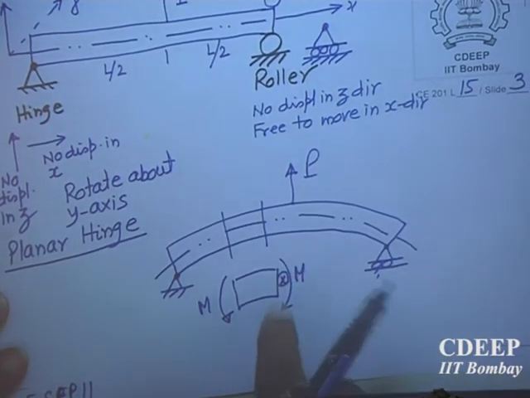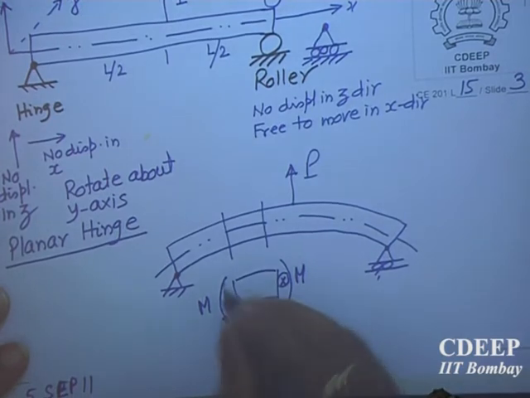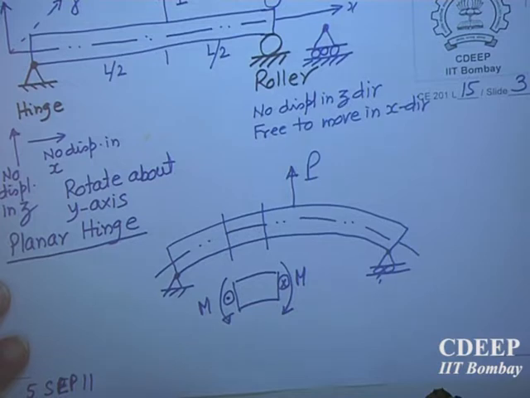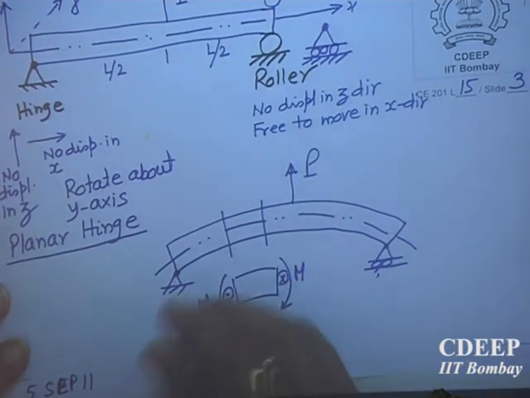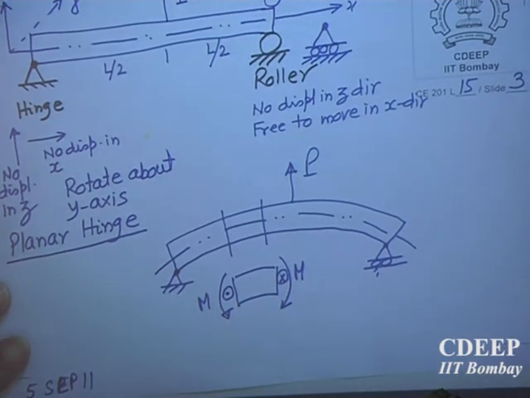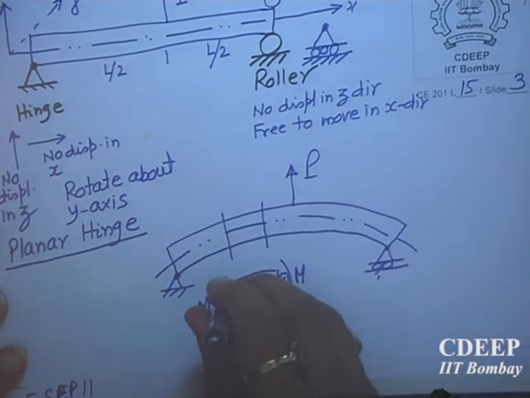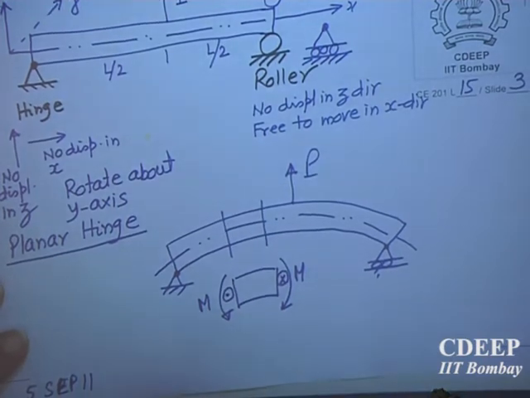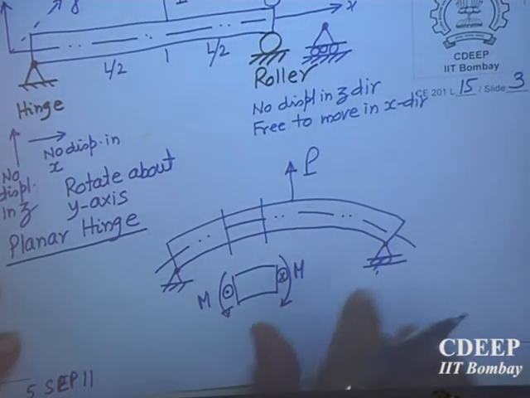You know the cross is shown for inside, and this one will be like this. This moment has a direction coming out of the plane of the paper, plane of the whiteboard. So this will be subjected to moment. So the beam is under flexure.